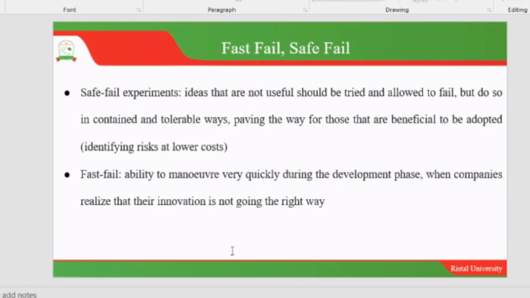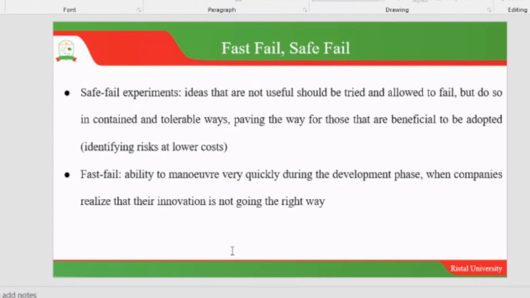So in the safe fail, we are giving each idea a chance to be tried, and we do not roll out all these ideas in the entire population.